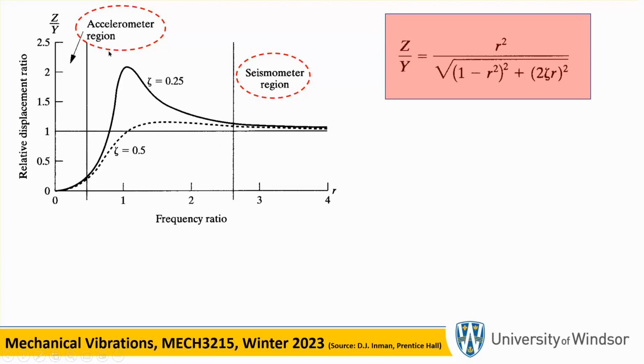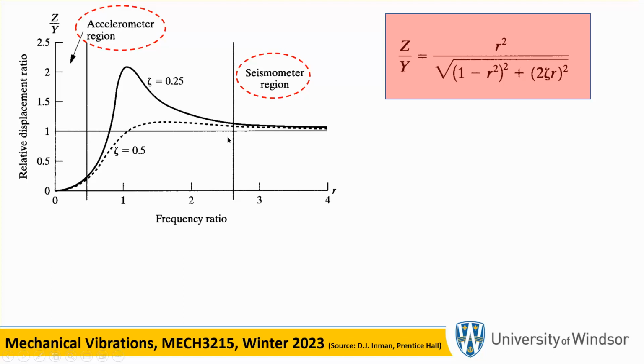Plot this. Notice that this Z over Y, relative displacement ratio, is a function of the frequency ratio, function of R. And if you plotted that, you're going to see that it actually starts at 0, peaks, and then it drops down and it goes all the way to 1.